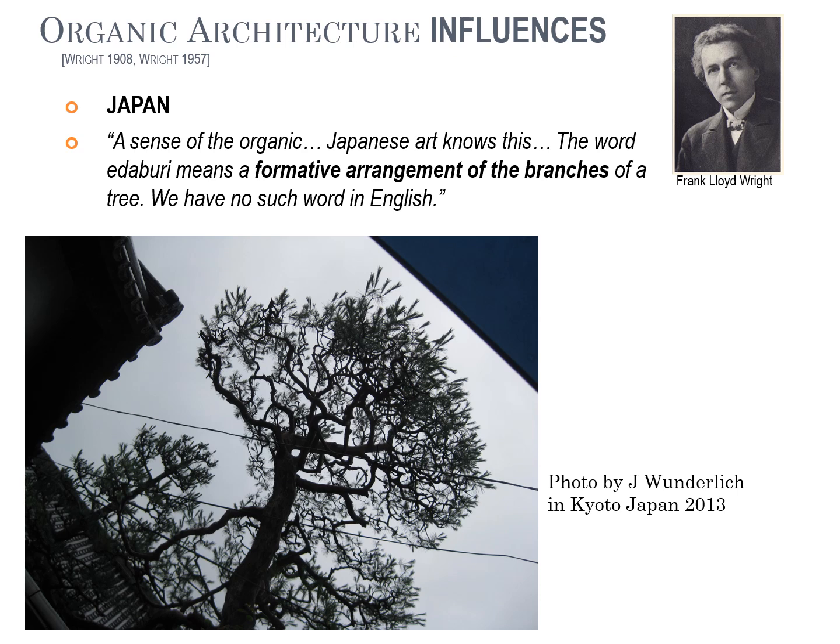He goes on to say that sense of the organic, Japanese art knows this. The word edabori means a formative arrangement of the branches of a tree. We have no such word in English. There's a picture I took in Kyoto of a tree.